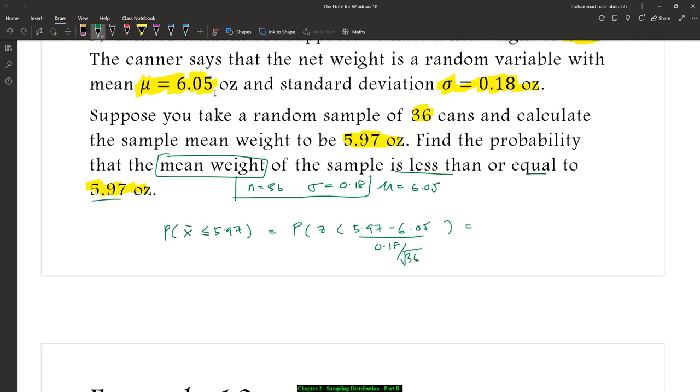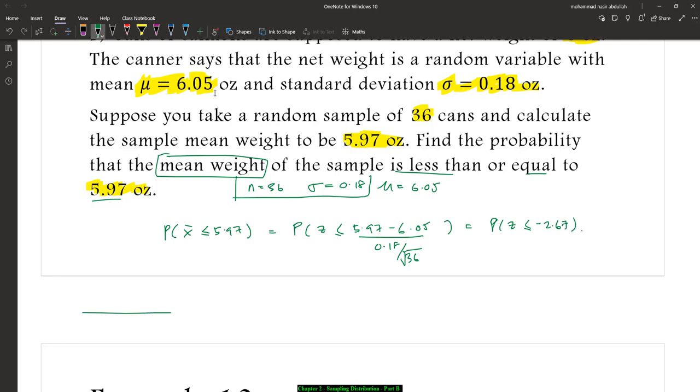So this one should be probability of Z less than, less than or equal doesn't matter because this is continuous, kan? 5.97 minus 6.05 divided by 0.18 over square root of 36 is negative 2.67. Negative 2.67. Right.